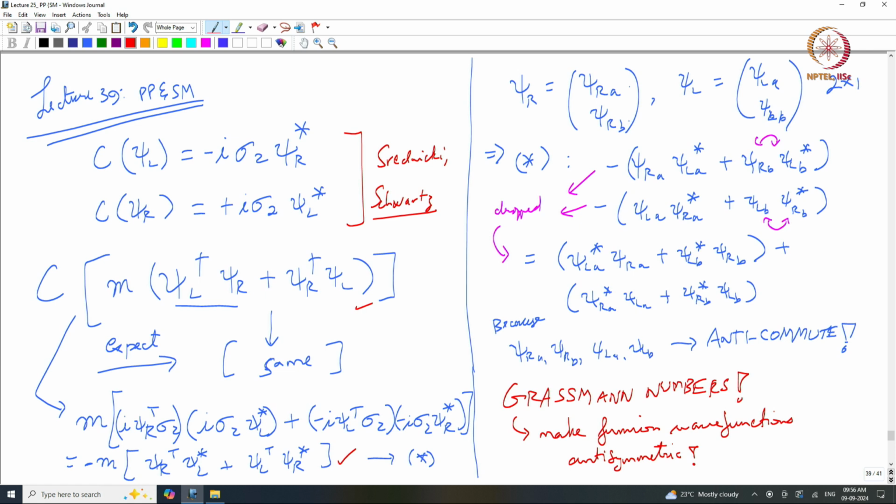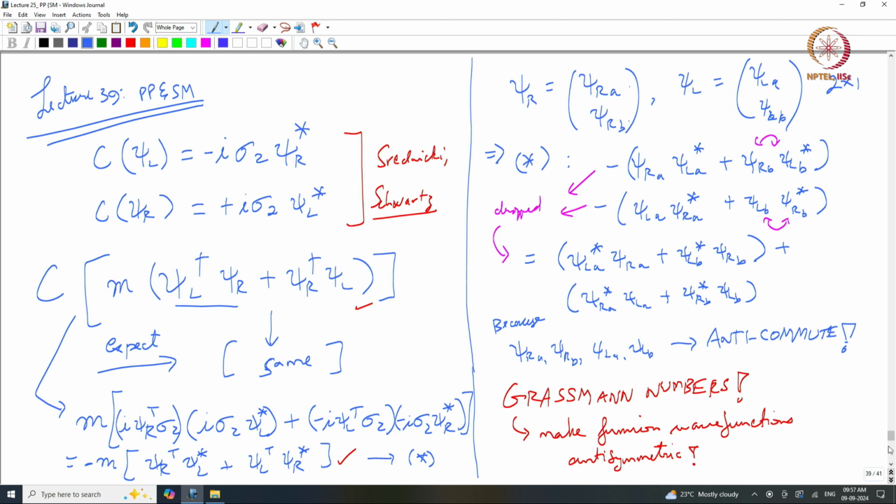So, you should go and convince yourself of this fact that you need to have the degrees of freedom that you put down in spinors be Grassmann numbers, in order to actually, when you use these fields as wave functions, have them anti-commute. So that is a very important and very strange trait of spinors.